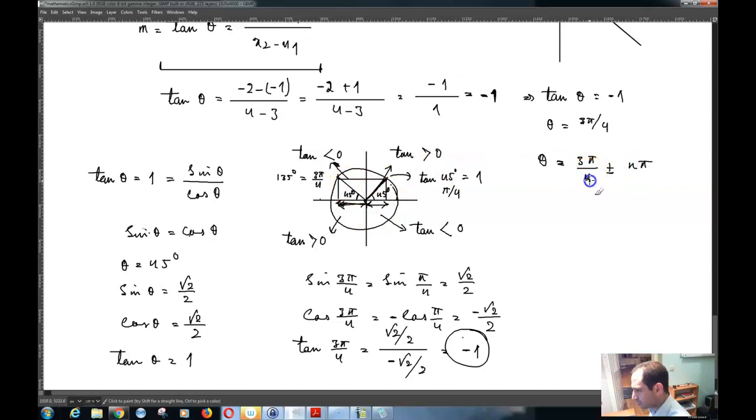As far as I can remember, it's 3 pi by 4 plus or minus n pi. This would be the general solution. Not important here really.